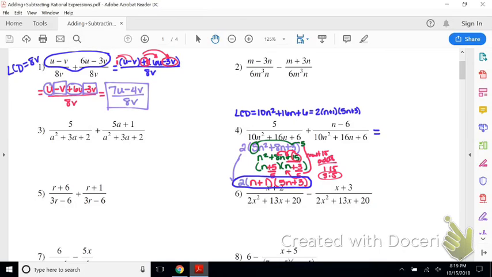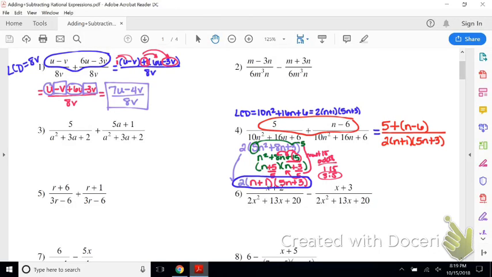Now we're going to combine our numerators. So I have this 5 by itself, plus, and then n minus 6 together, over that least common denominator. I'm just putting the one that's in factored form.